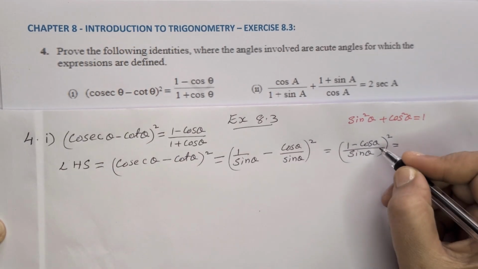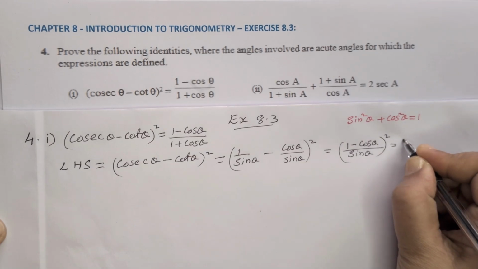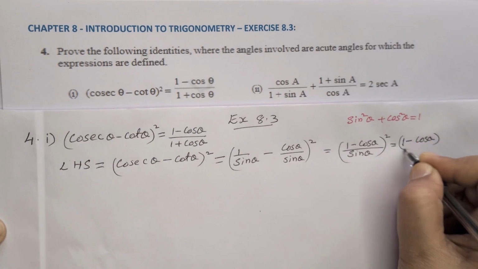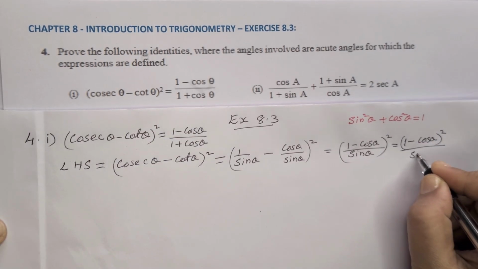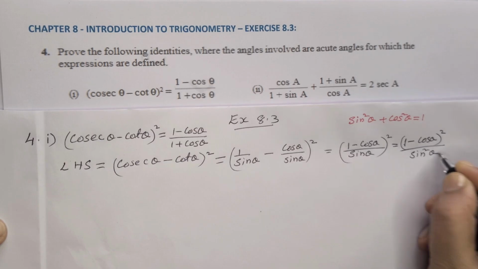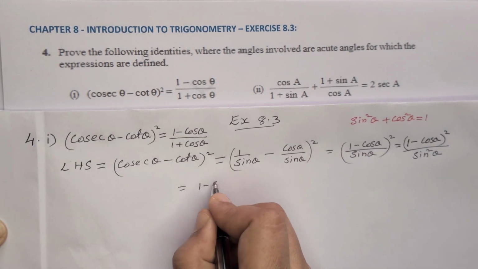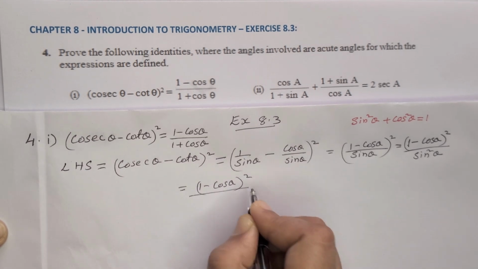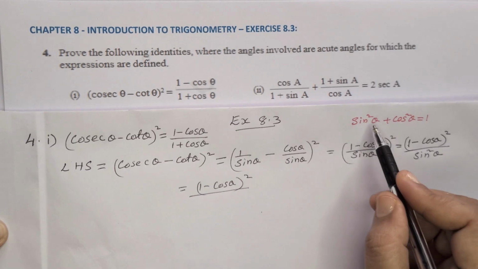And taking the square, numerator and denominator separately, we can write that as 1 minus cos theta in the numerator, that square divided by sin square theta, which is equal to 1 minus cos theta the whole square divided by sin square theta. We can write in terms of cos.